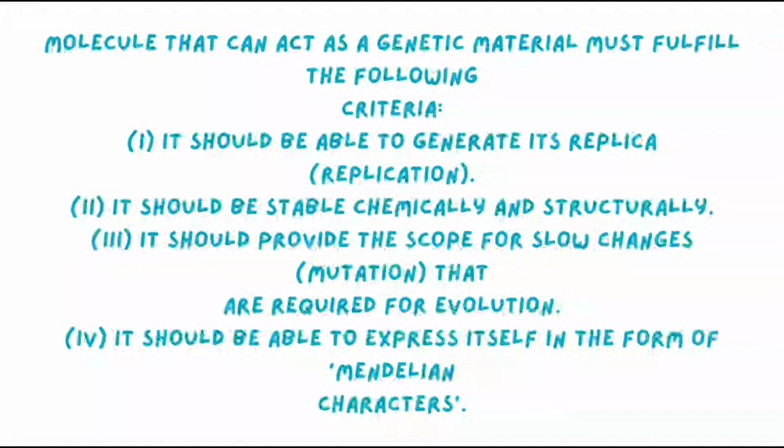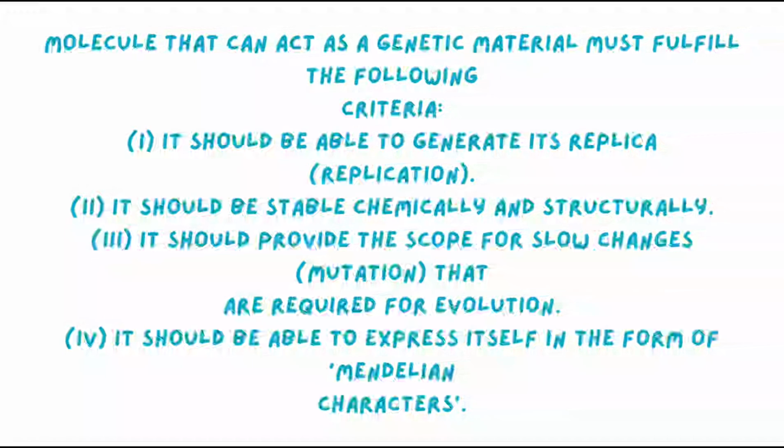A molecule that can act as a genetic material must fulfill the following criteria. It should be able to generate its own replica. It should be chemically and structurally stable. It should provide the scope for slow changes, that is, mutations, that are required for evolution.